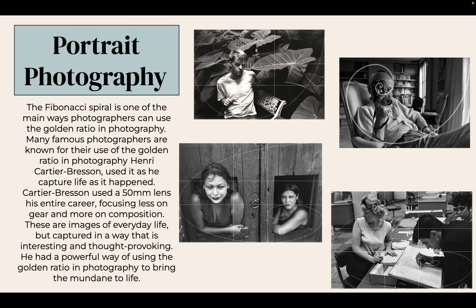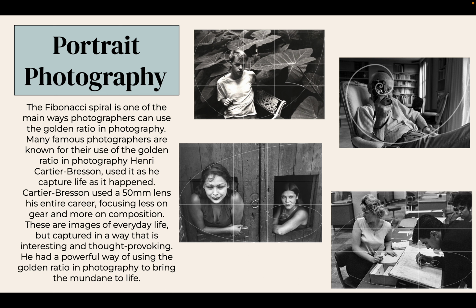Moving more to portrait photography, the Fibonacci spiral is one of the main ways photographers use the golden ratio. Many famous photographers are known for using the golden ratio. Henri Cartier-Bresson used it as he captured life as it happened.